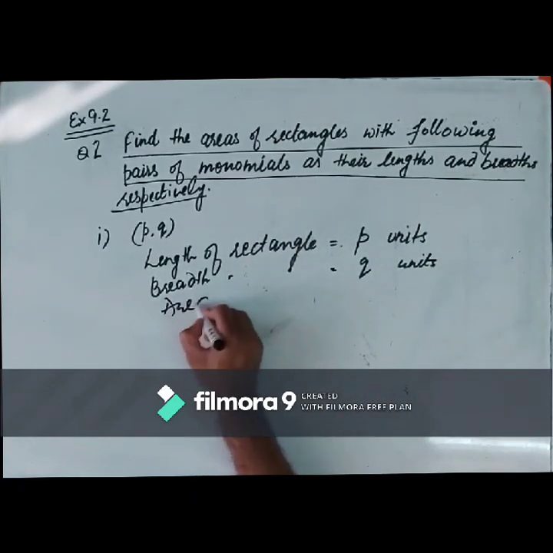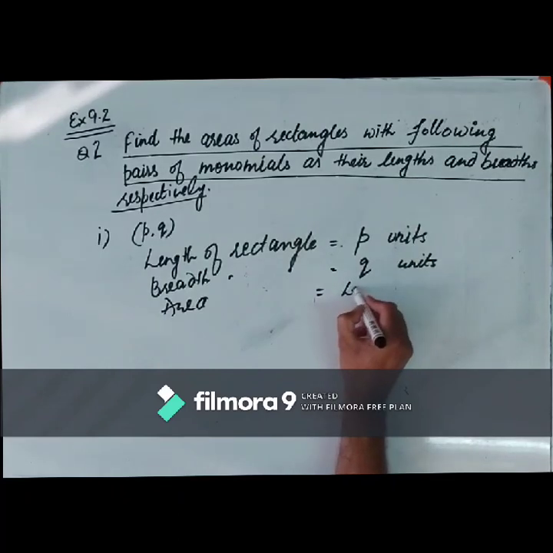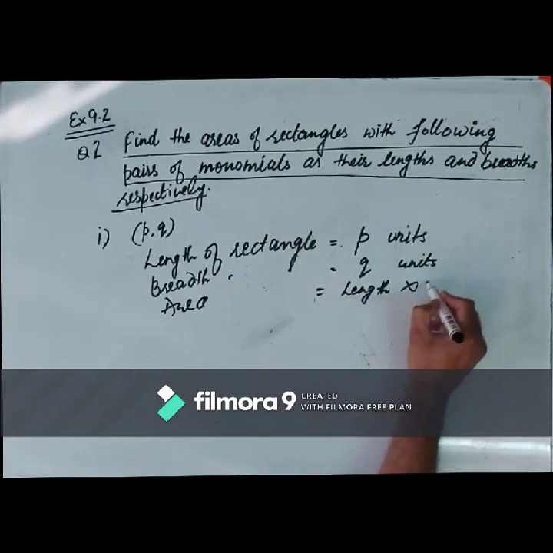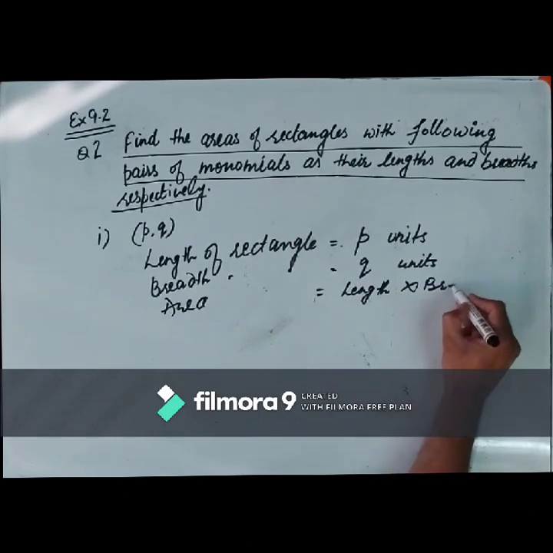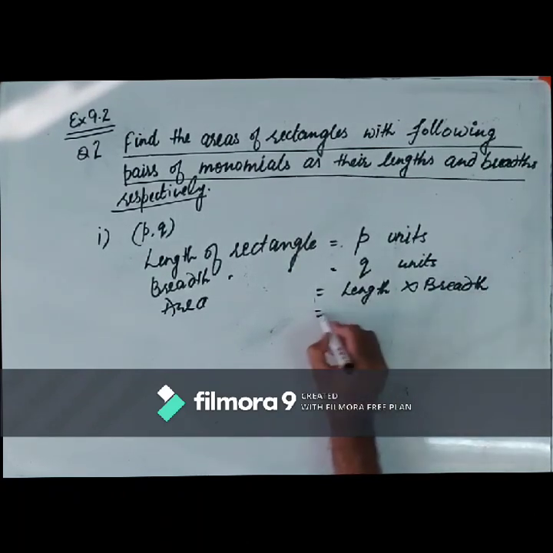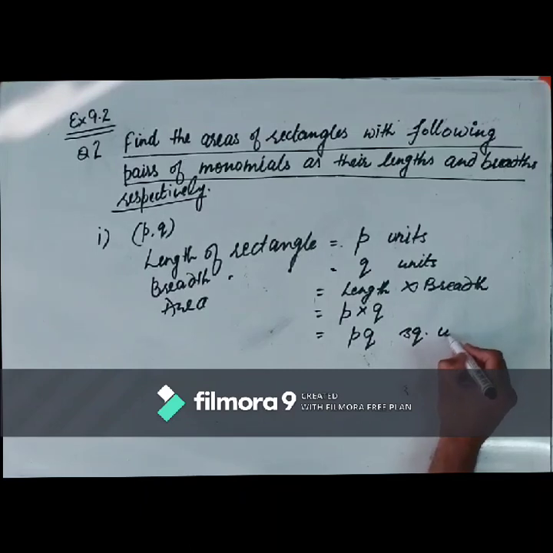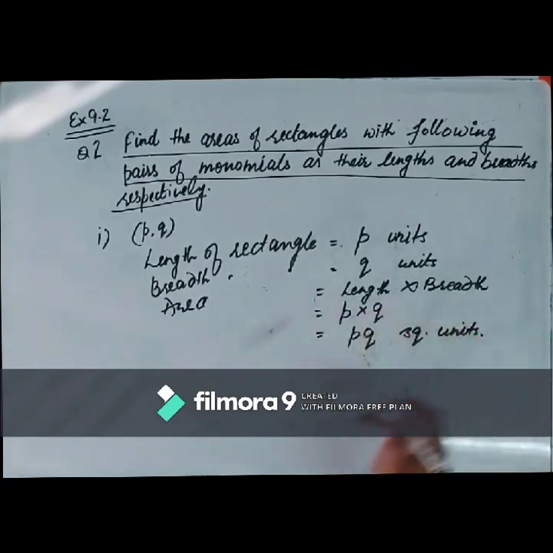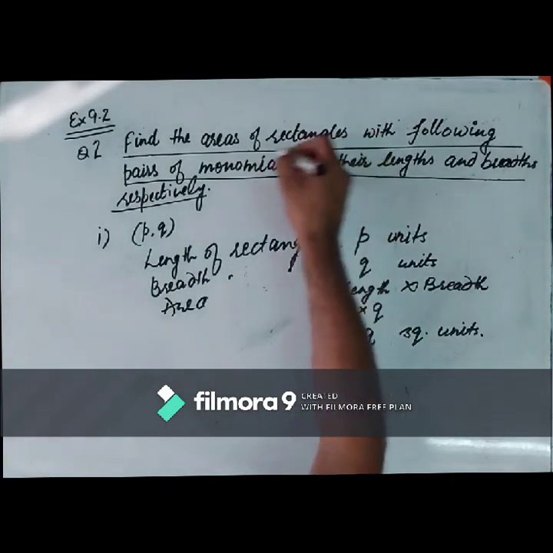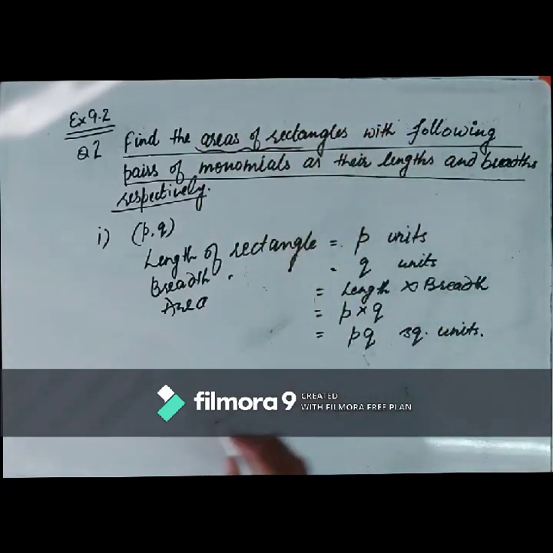As we know, area by the formula is length multiply breadth. So your area is p multiply q, that is equal to pq square units. So this is nothing but the product of two monomials, in the shape of finding the area of a rectangle whose length and breadth are given.